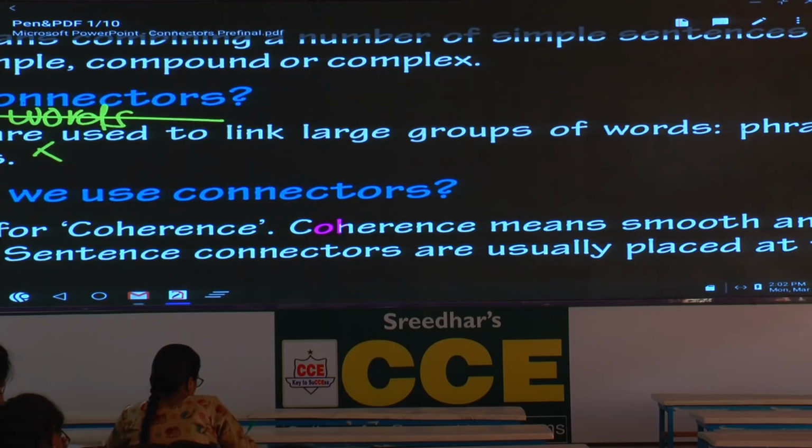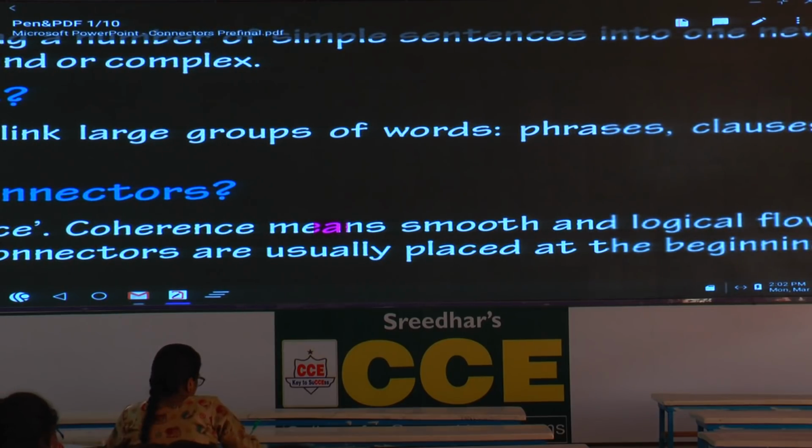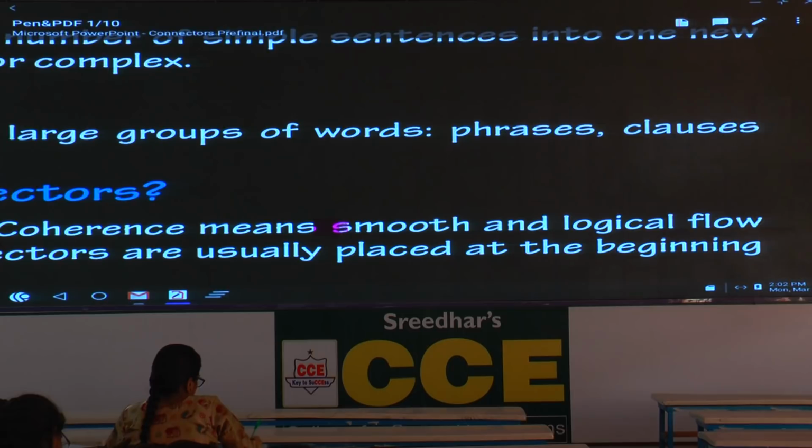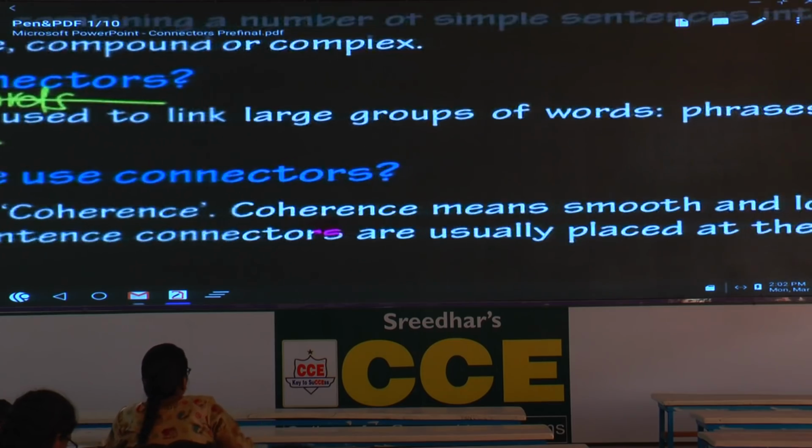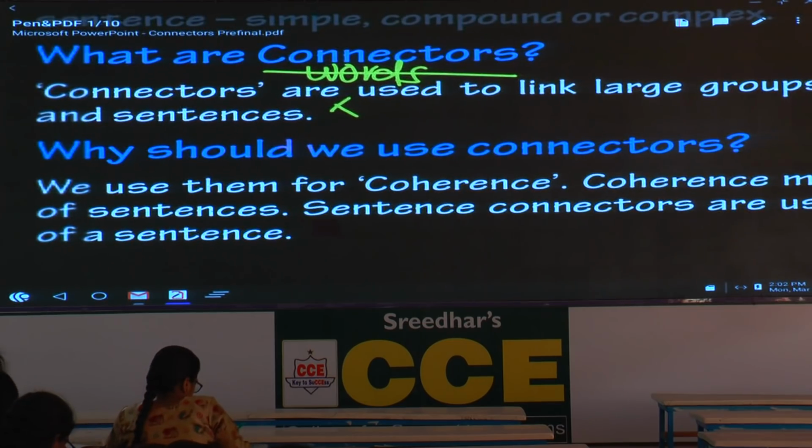And those large groups of words could be phrases, clauses, or sentences. Underline all the 3: phrases, clauses, and sentences.